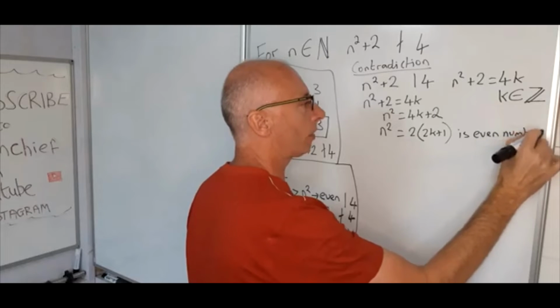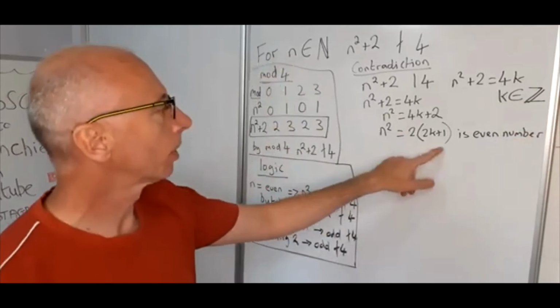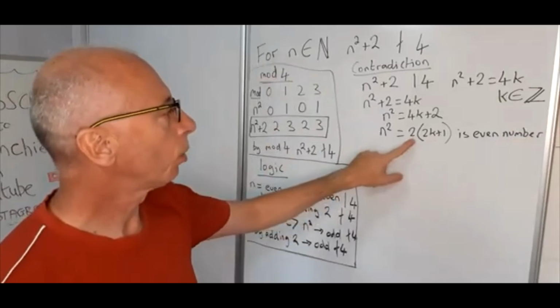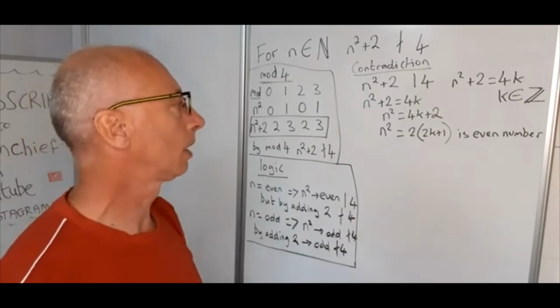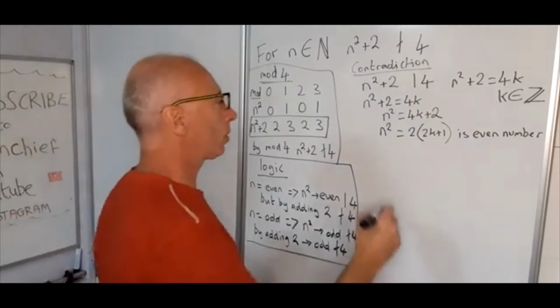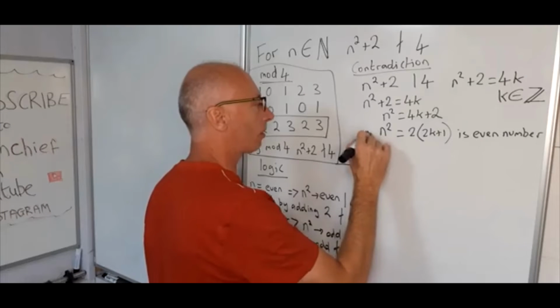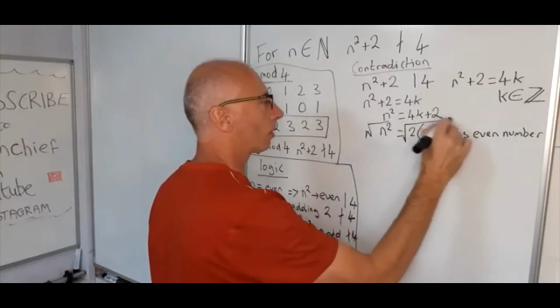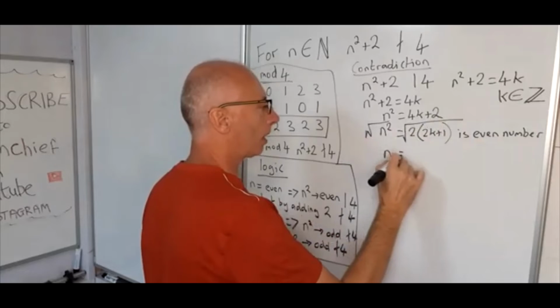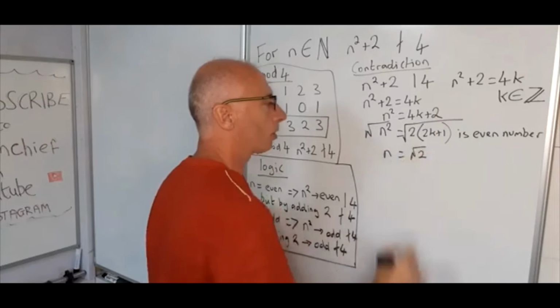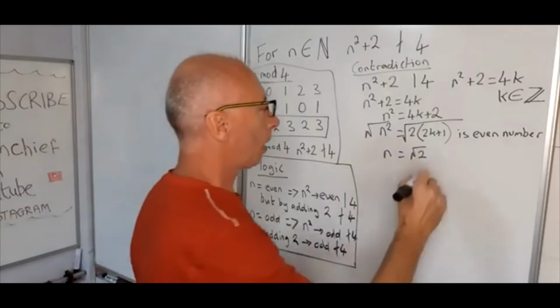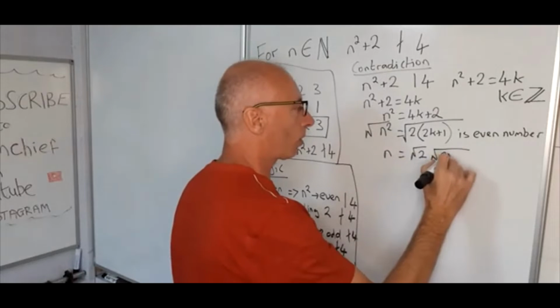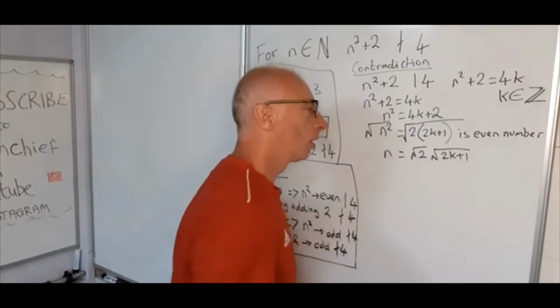So now there is a possibility this could be the correct statement, because whatever k is, multiplying by 2, you still get an even number. So now we take the square root of both sides. So if we take the square root, we then end up with n equals square root of 2 multiplied by square root of 2k minus 1.